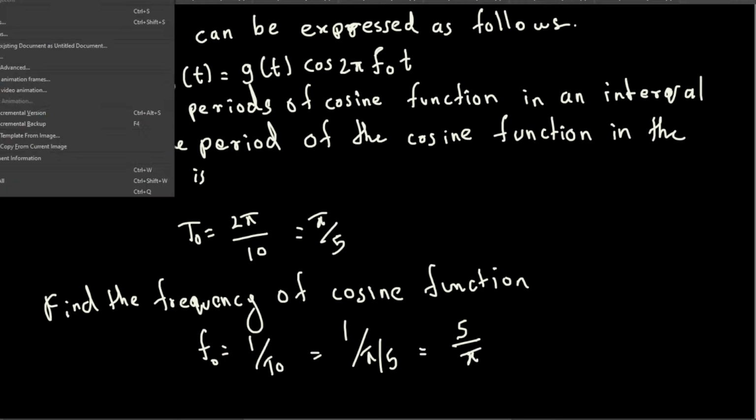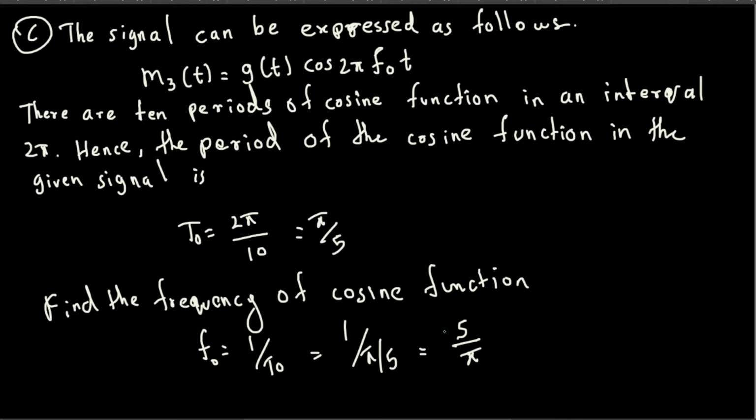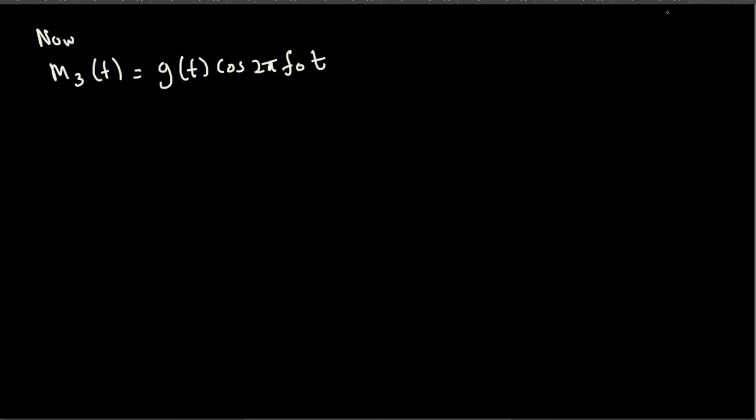Now let's deal with the function provided to us. m3 of t is g of t cos 2 pi f naught t, and for f naught we are going to replace that with 5 over pi.